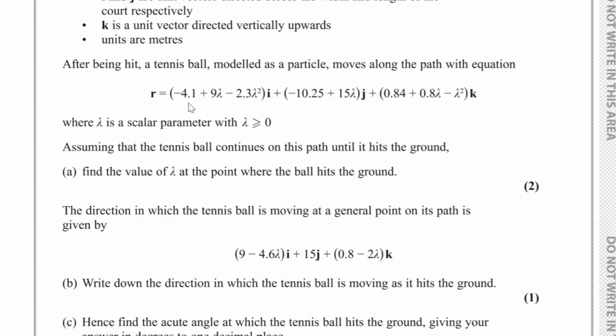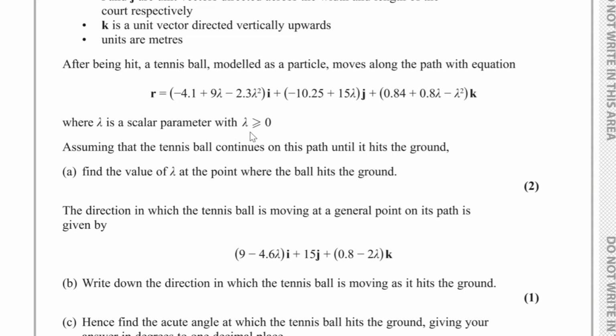We've got r equals minus 4.1 plus 9 lambda minus 2.3 lambda squared i plus minus 10.25 plus 15 lambda j plus 0.84 plus 0.8 lambda minus lambda squared k.